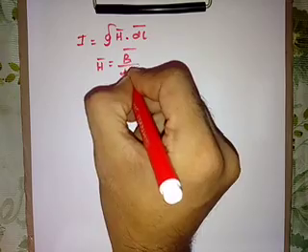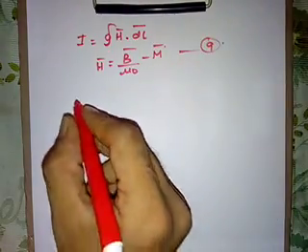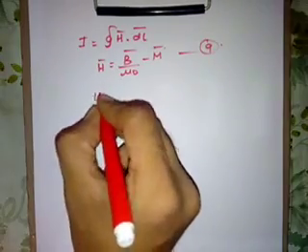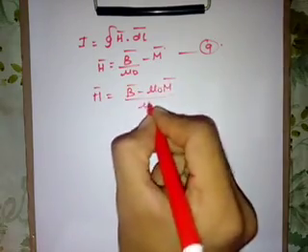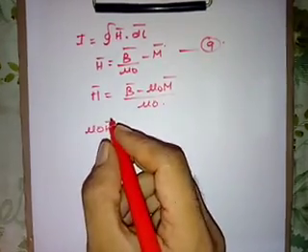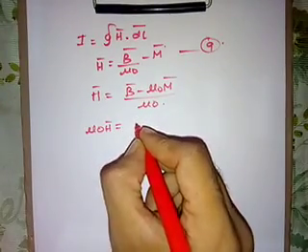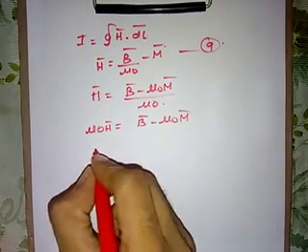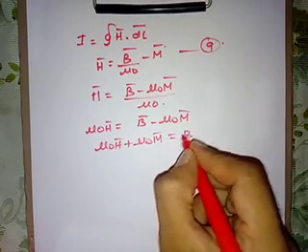B bar upon mu naught minus M bar. If we rearrange, H bar is equal to B bar minus mu naught M bar, divided by mu naught, or mu naught H bar will be equal to B bar minus mu naught M bar, or mu naught H bar plus mu naught M bar will be equal to B bar, correct?